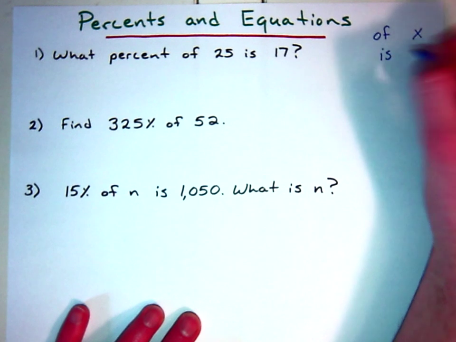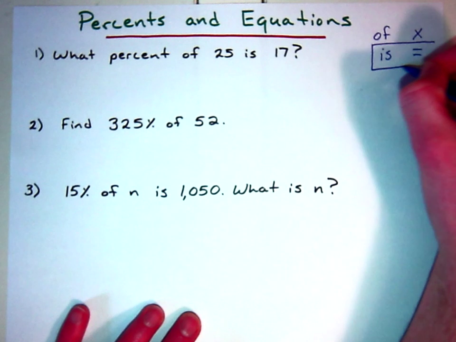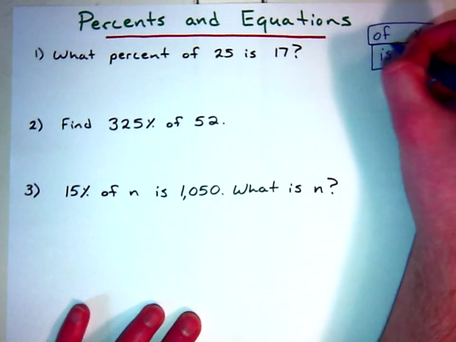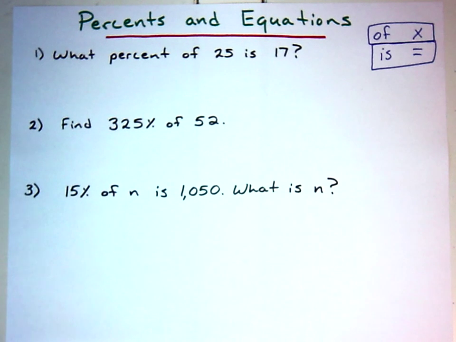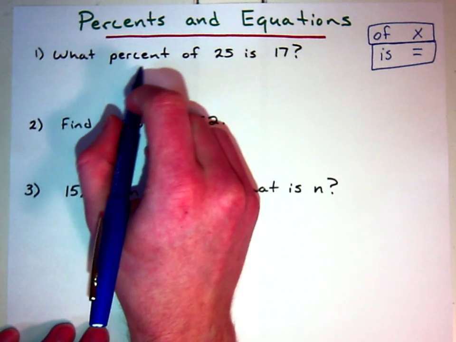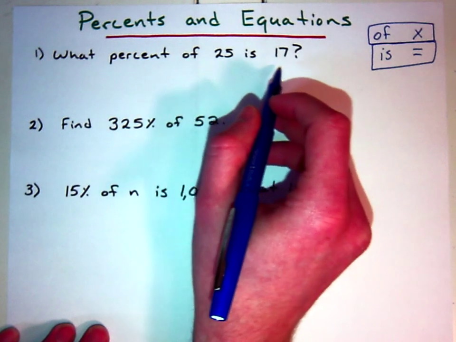Is, that's going to be a hint for equal, okay? So we have these two little hints here. When we're setting up this equation, of is going to mean multiplication for us, and is going to mean equals. Okay? So for this one, it's going to say what percent of 25 is 17?